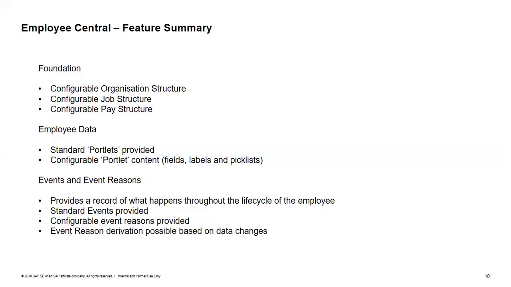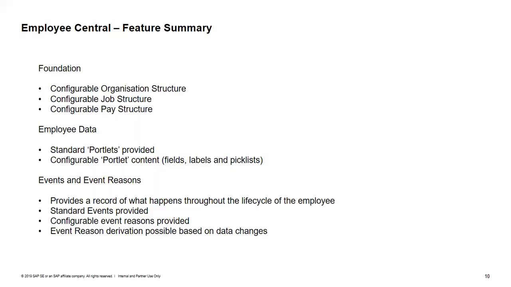In short, what did we discuss? We discussed the foundation where we configure org structure, job structure, and pay structure. And in the employee data, we have standard portlets and custom portlets. We can enable or disable the standard fields. SuccessFactors gives you some standard fields, but if you don't want to use them, you can hide them.